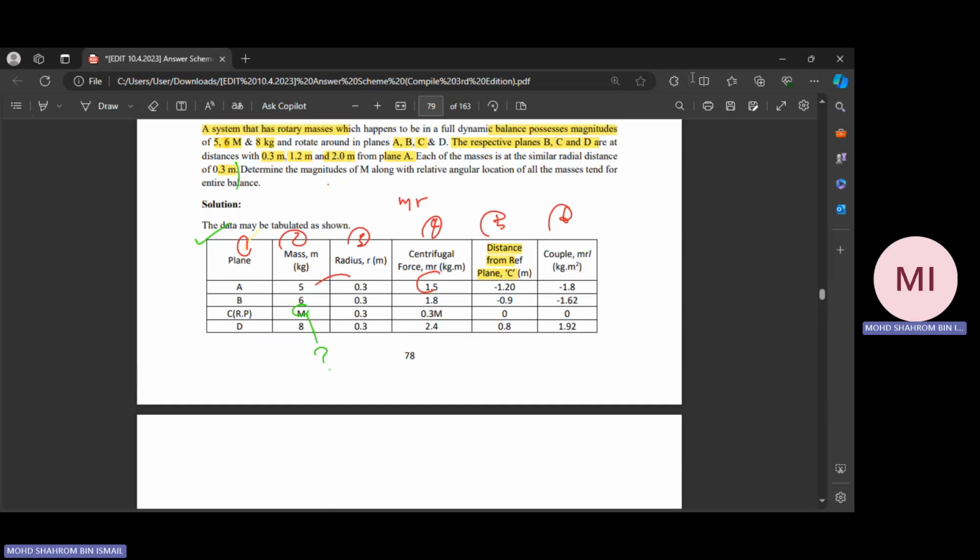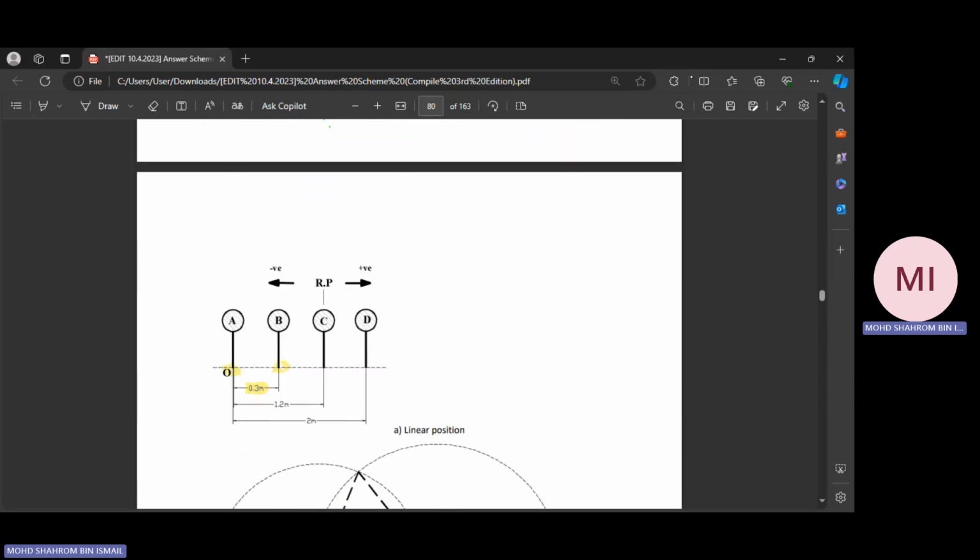And then from point A to point C is 1.2 meter.